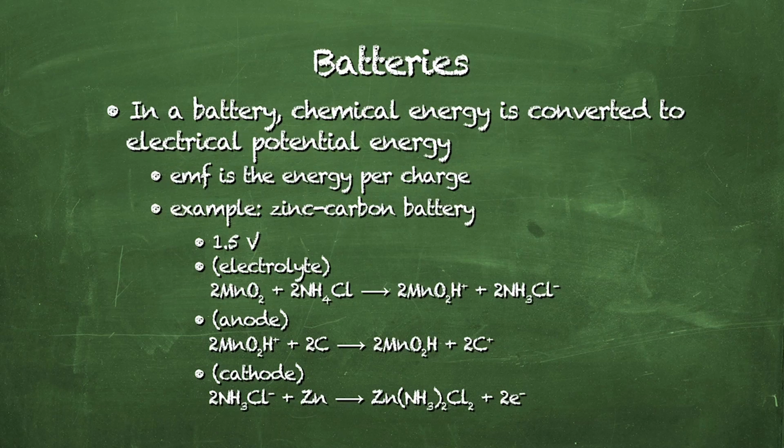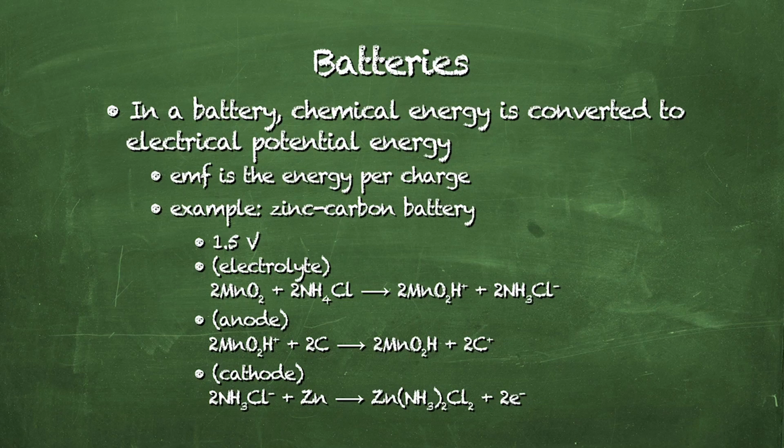For example, a zinc-carbon battery comprises three chemical reactions, one of them within the electrolyte of the battery, one of them at the anode or positive side of the battery, and the other at the cathode or negative side of the battery.